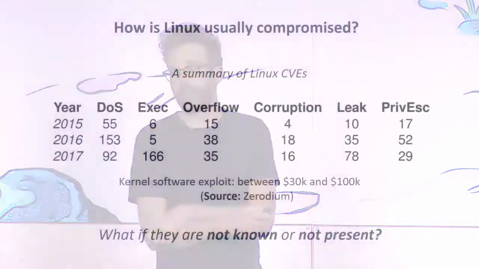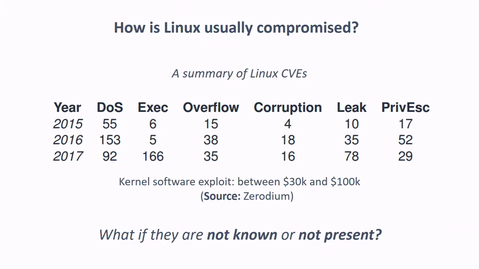However, the point is, what if the vulnerabilities are not there? What if you have a fully patched operating system? Finding a vulnerability in a fully patched operating system is very difficult. Of course, you can always go to a company that has these on the shelf, but then you need to pay a lot of money for them.